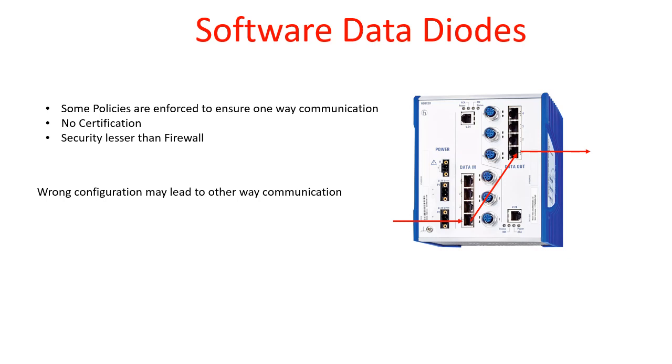So wrong policy setup or wrong configuration may lead to other way communication. So in that way, the security is lesser in case of the software data diode. And there is also no certification available for software data diode. So this kind of diode usage is not recommended.